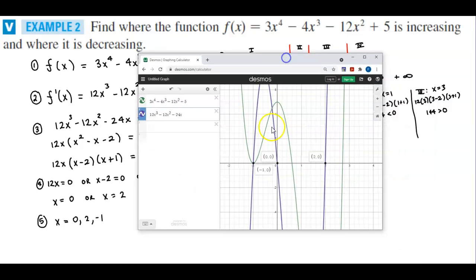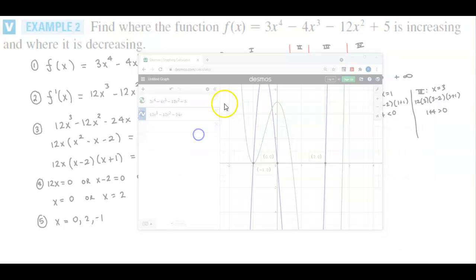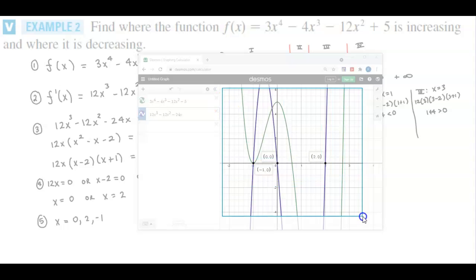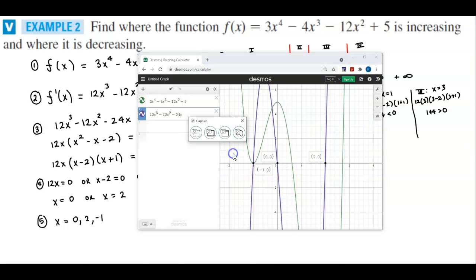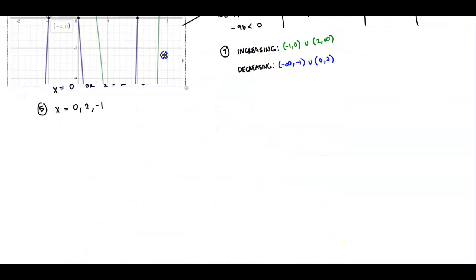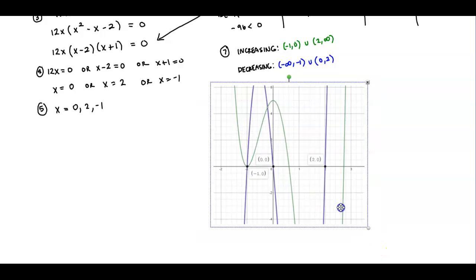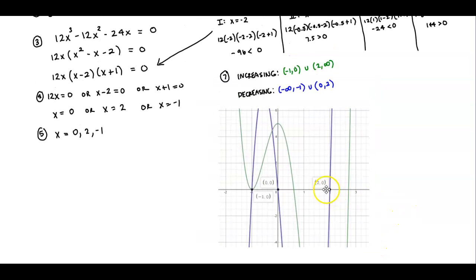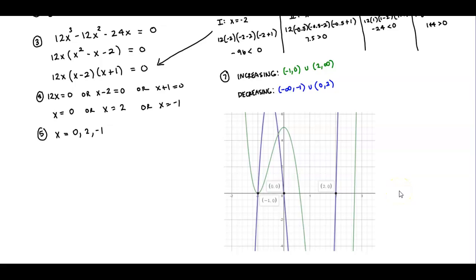All right, let's take a look at that and analyze this function. Again, the derivative function is the one in purple, and the one in green represents the regular function.